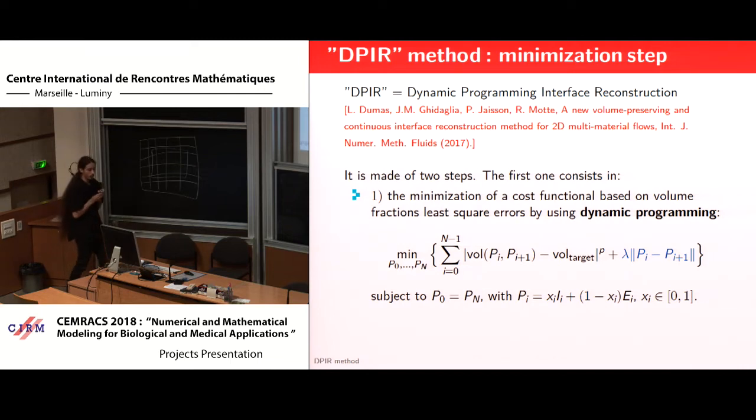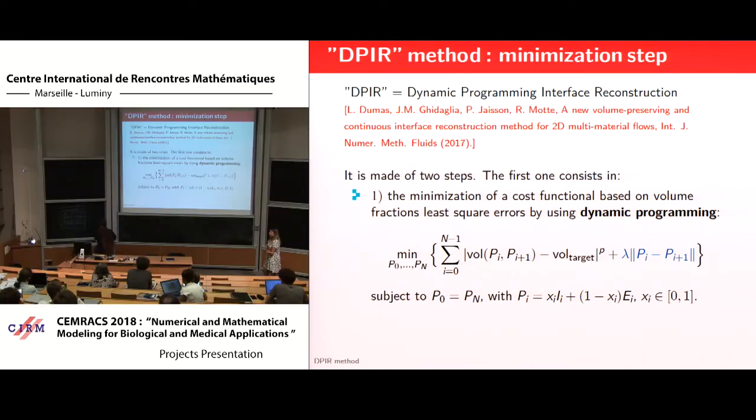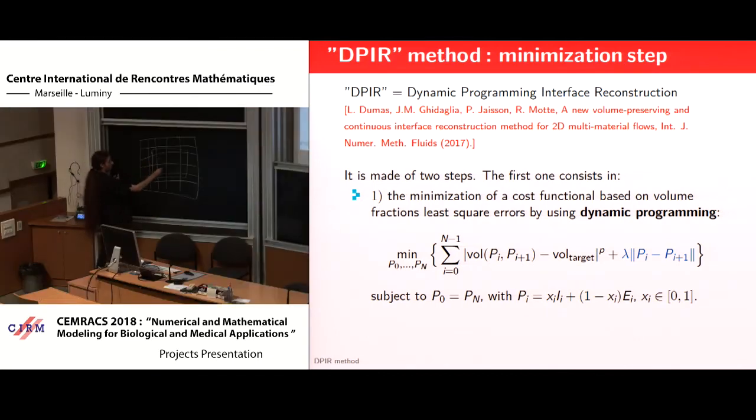The algorithm is going to construct some internal and external curve with knowledge of partial volumes in each cell, because in this kind of mesh you have some pure cells.